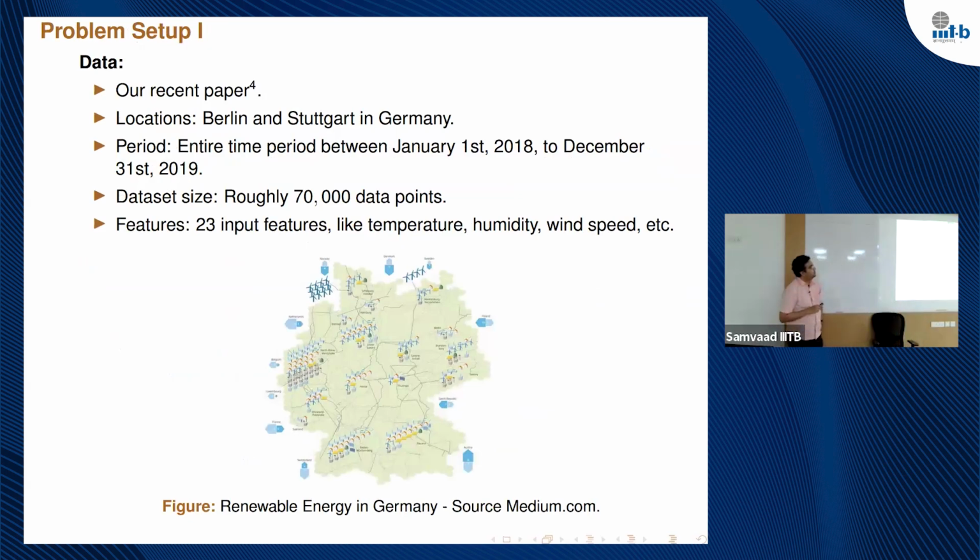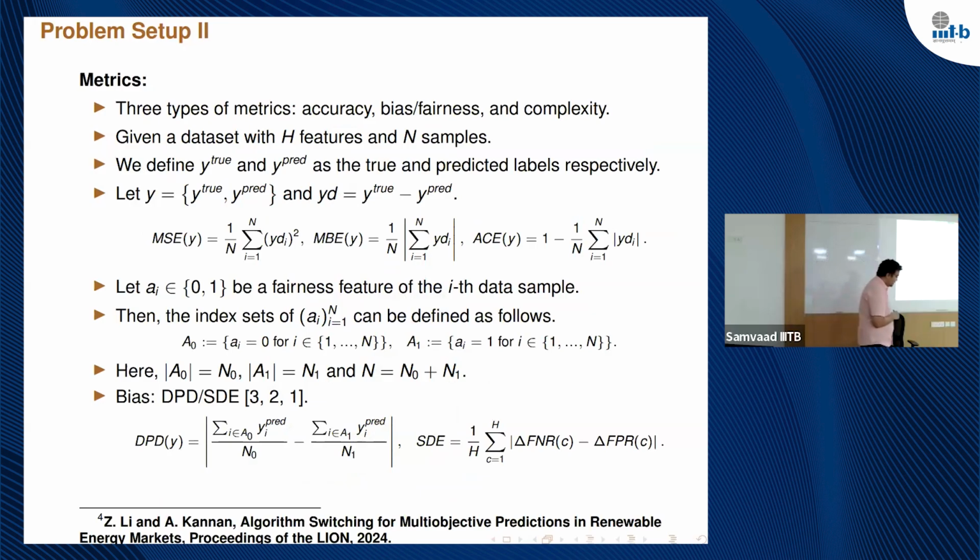We have some 70,000 data points here, and 23 input features. It's a very simple CSV file. It's nothing more than that. We're trying to figure out what your wind speeds or the solar energy generation is. We've done this across multiple data sets, not just one. The metrics that we're trying to optimize are, of course, your accuracy measured by mean square error or mean bias error.